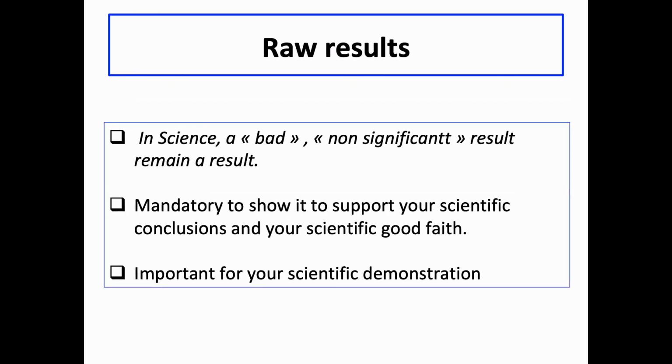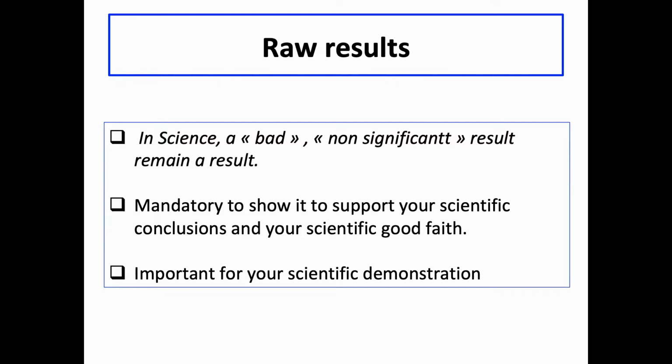About the raw results, as I taught you, what you call a bad result or a non-significant result remains also a result. It means you should add it. This part is really mandatory to show in your scientific results, because it's the only way to support your conclusion, or the only way to show your scientific good faith.